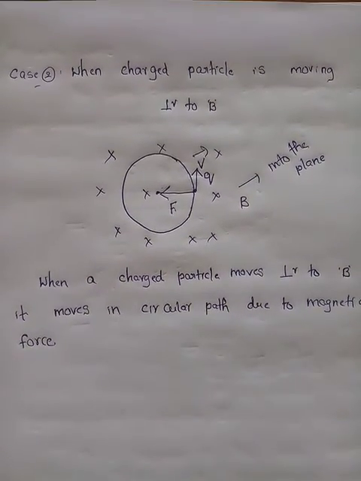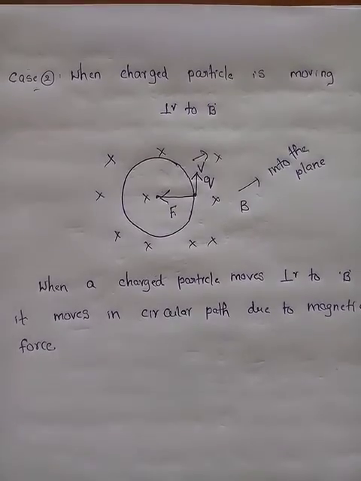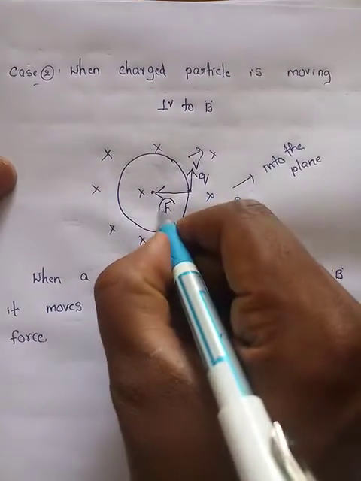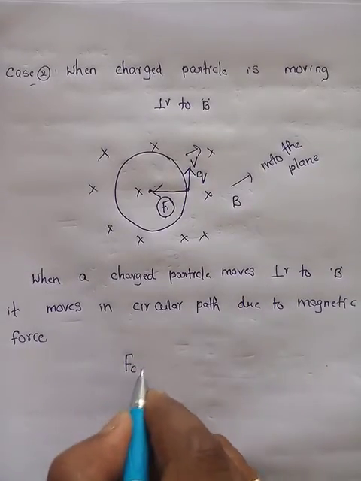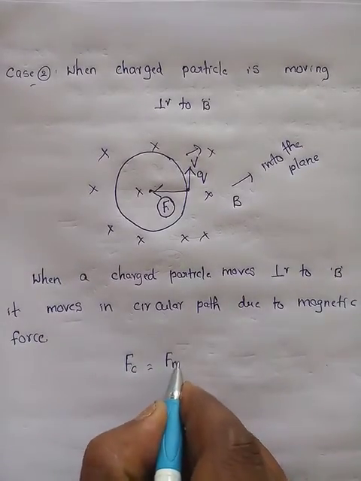So due to the magnetic force, it moves in which path? Circular path. So when it is moving in a circular path, the centripetal force should be balanced by what? The magnetic force. So Fc should be balanced by Fm.